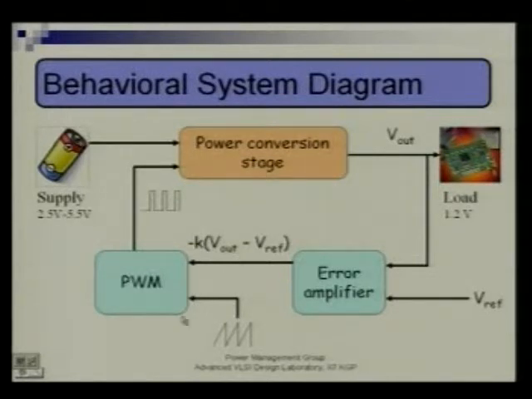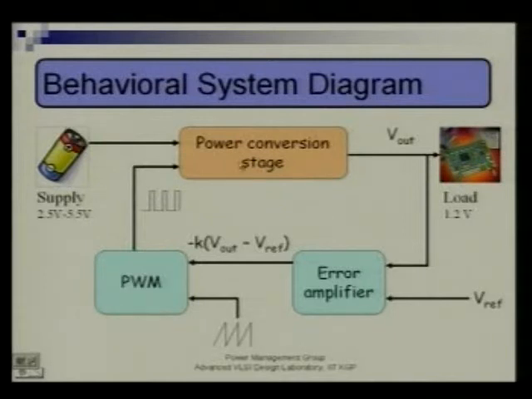And then there will be PWM, pulse width modulation, in which this VC will be compared with this sawtooth, as we already saw earlier, to generate this PWM waveform. Once we have this kind of topology, we can have the desired variation as is necessary.